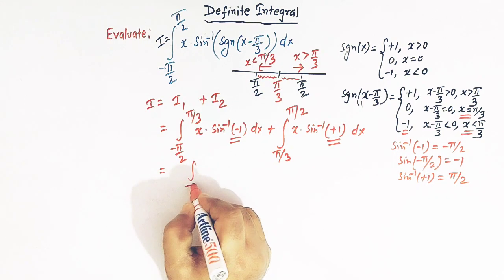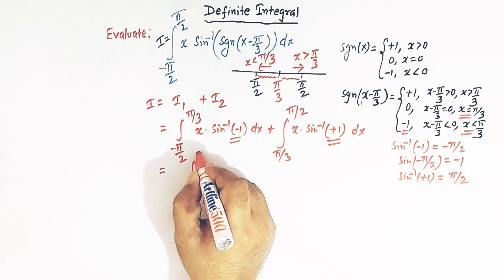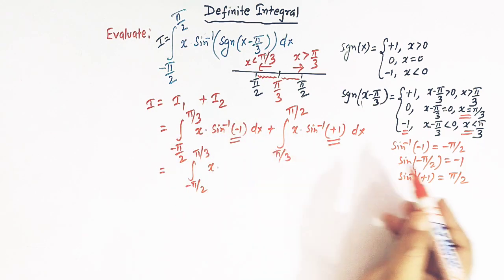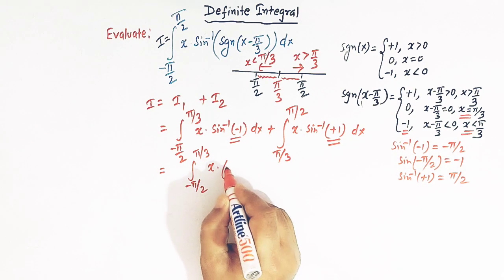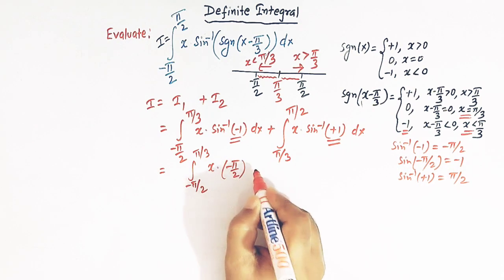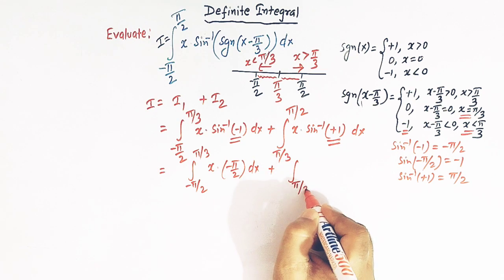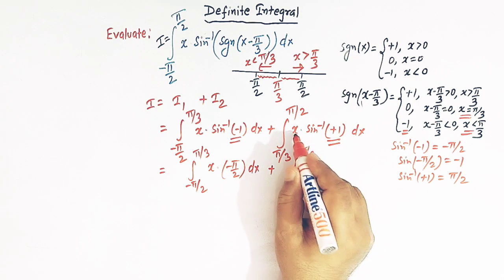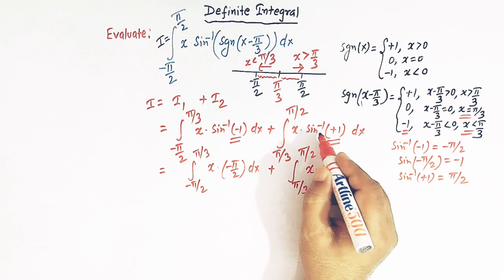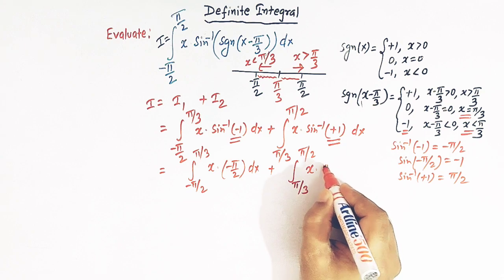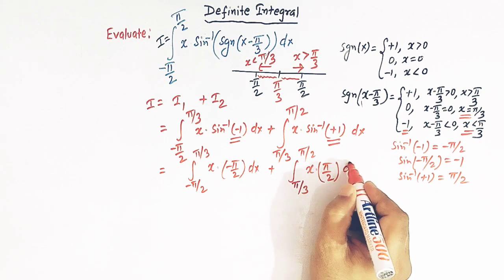So now we can write minus pi by 2 to pi by 3, and here we have x times sine inverse of minus 1, so this is minus pi by 2, right? And here we have pi by 3 to pi by 2, and here we have x times sine inverse of 1. Sine inverse of 1 is simply pi by 2, right?